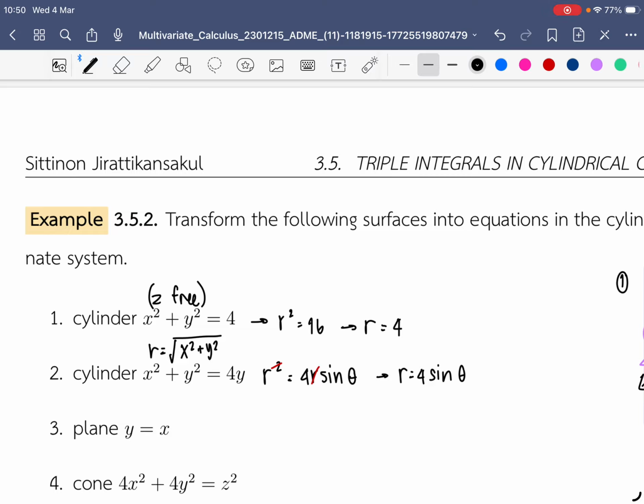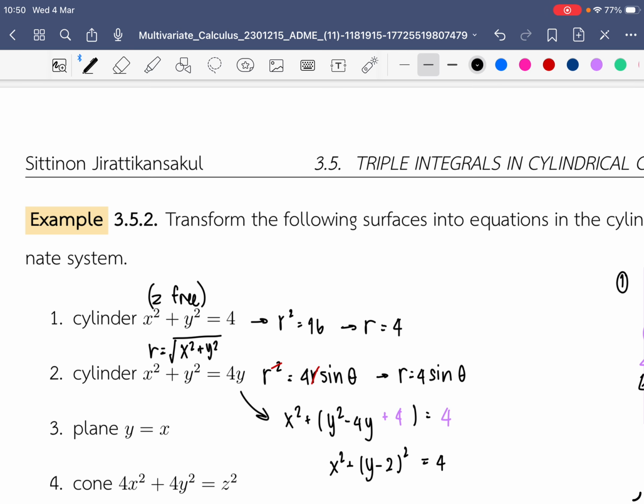Again, this one is a cylinder. But what kind is it? I am going to move 4y to the left and perform a perfect square. So I add 4. x squared plus (y minus 2) squared is 4.